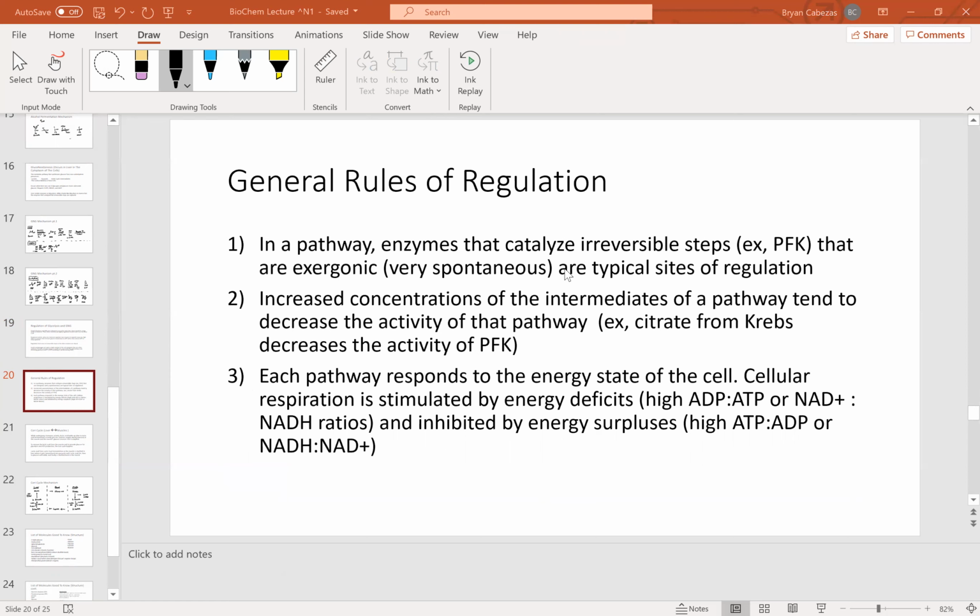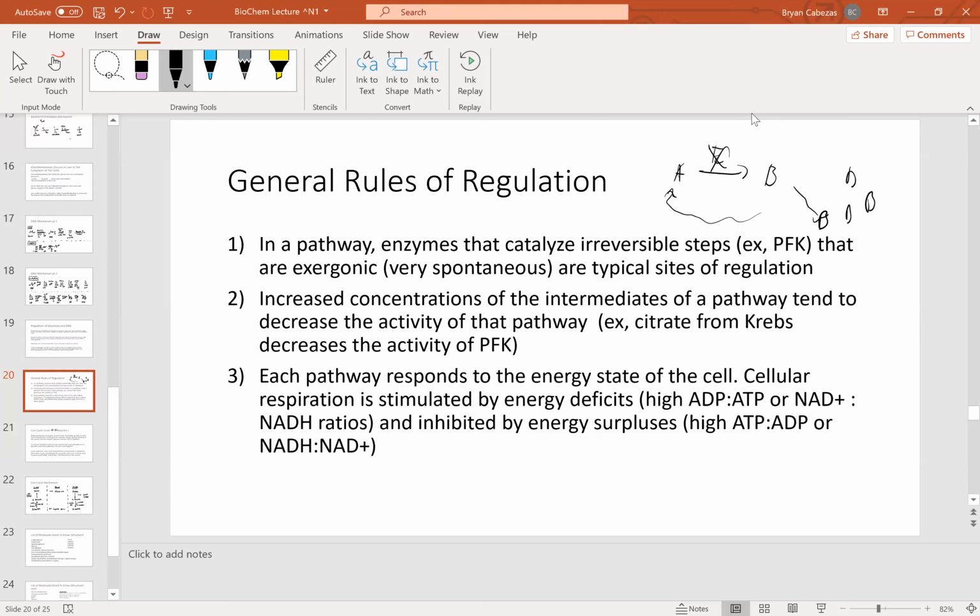Okay, next we have our second rule, which is that intermediates tend to negatively feed back and halt the thing that created them. For example, if we had A, and during our process we created B, let's say there's an enzyme here, well then B floats off somewhere else and does a B thing. But if too many B's are present, right, then B is high in concentration, and the high concentration of B is going to interact with A and halt the enzyme.